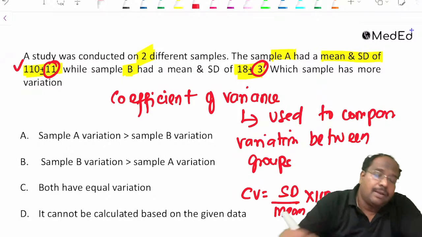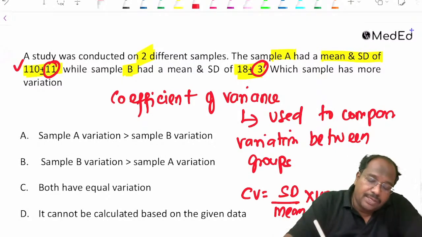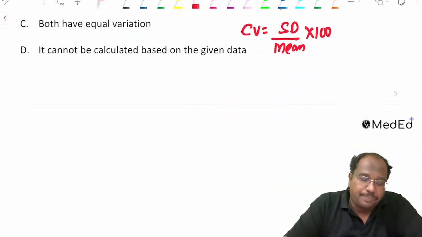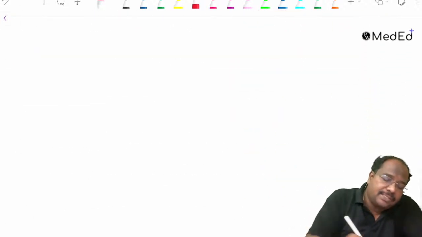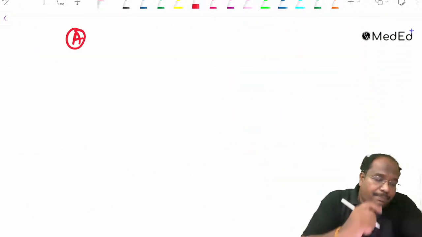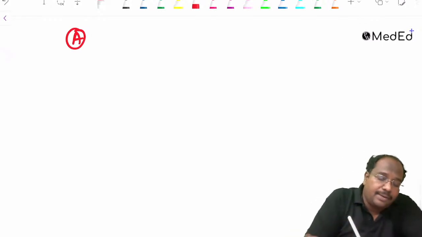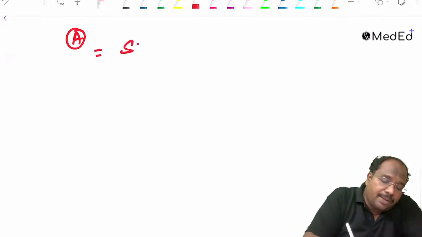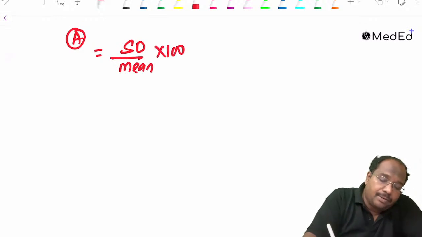So 110 plus or minus 11, and here 18 plus or minus 3. First let us take sample A. What is the formula here? SD by mean multiplied by 100.